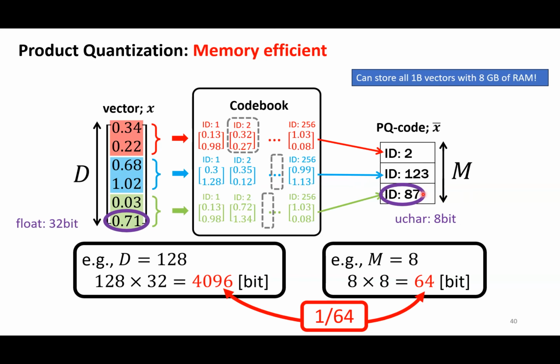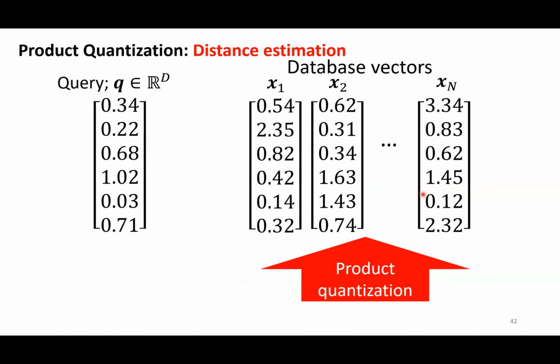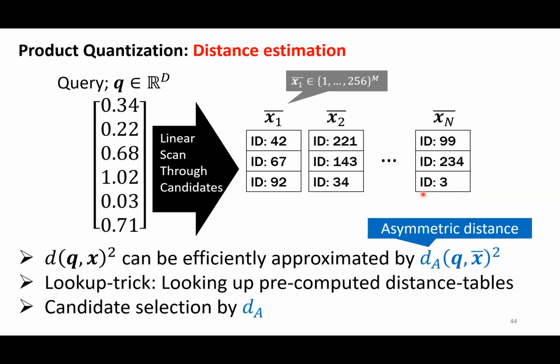How do you estimate the distance now? So here comes the query. Those are the database vectors, but let's forget about them. Let's say they're compressed. So all you're going to see is this list. What you can do now is you take this part, again, the first 2 dimensions, and you know, well, for this vector, centroid 42 was the closest one.